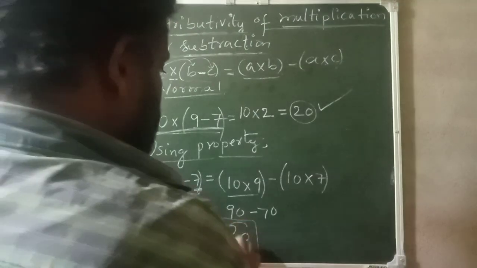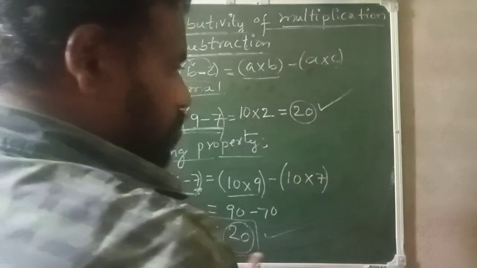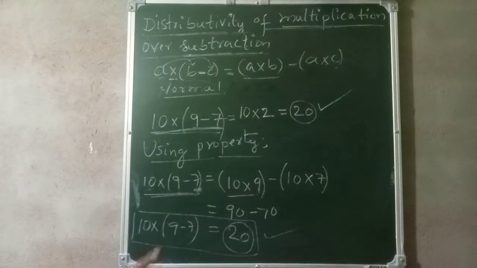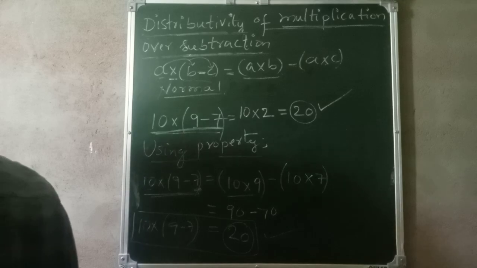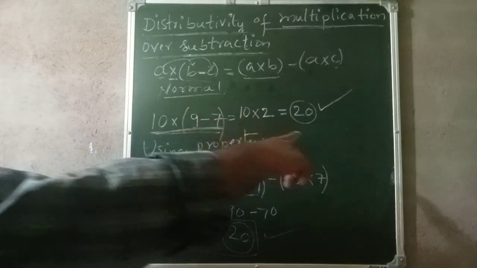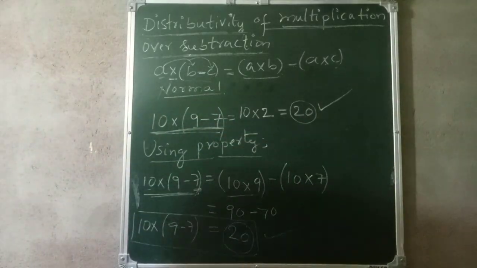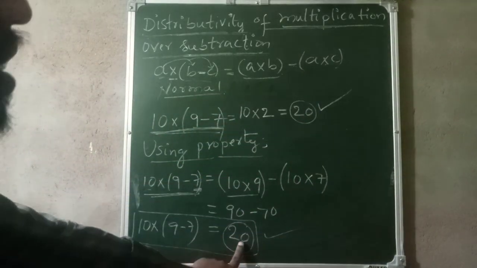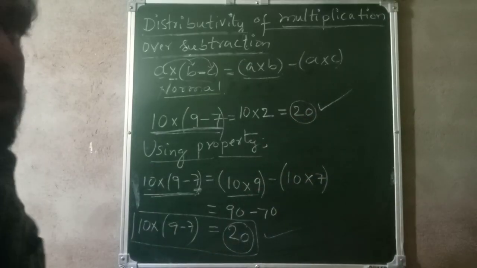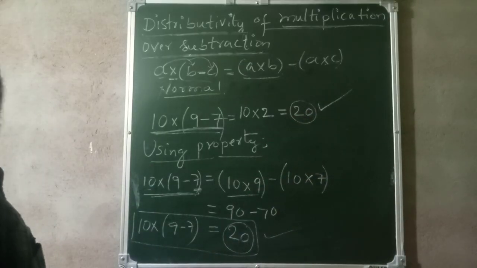Now see, we got 20 as the answer using property. Okay. See, using normal multiplication we got 20 as the answer. Using property also we got 20 as the answer. Now this answer both are same.